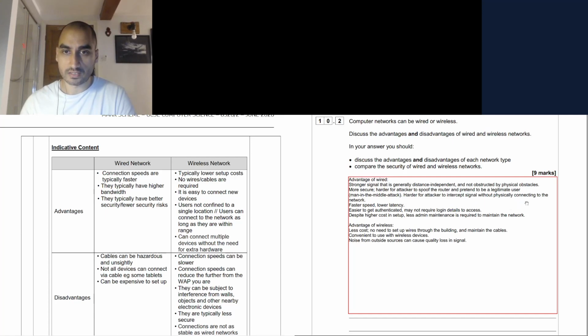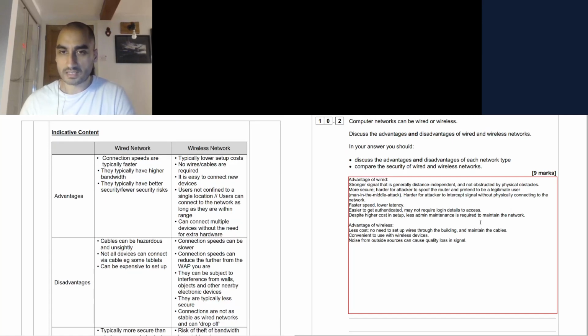Users not confined to a single location as they are within range. Convenient to use with wireless devices is what I said. I feel like that's the same sort of concept. Yeah. Can connect to multiple devices without the need for extra hardware. Well, that comes under setup cost, doesn't it?